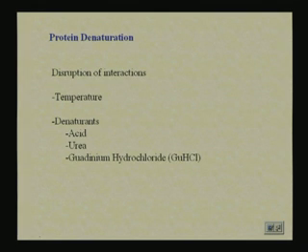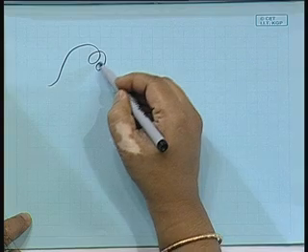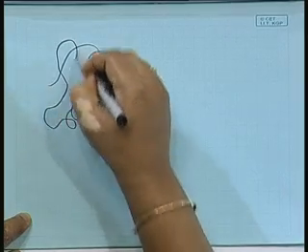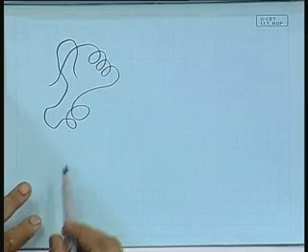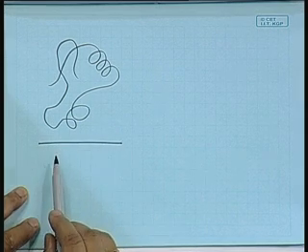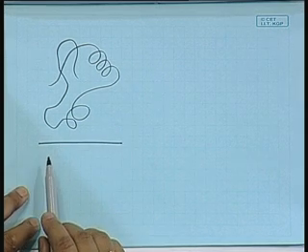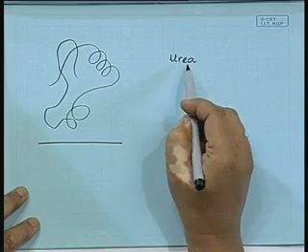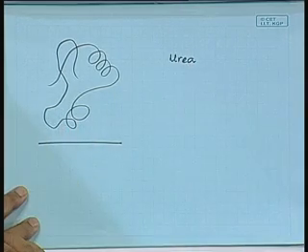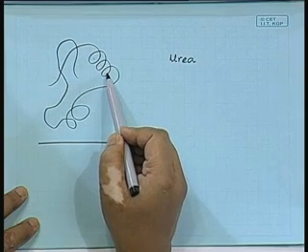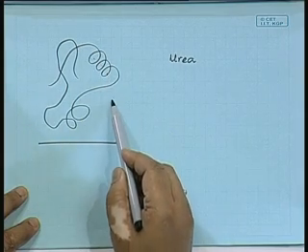So, if I had a protein with a helix structure and some sheets, what happens in this folded structure as I add a denaturant, say urea? Urea disrupts the hydrogen bonding. If I disrupt the hydrogen bonding of an alpha helix, what is it eventually going to do?